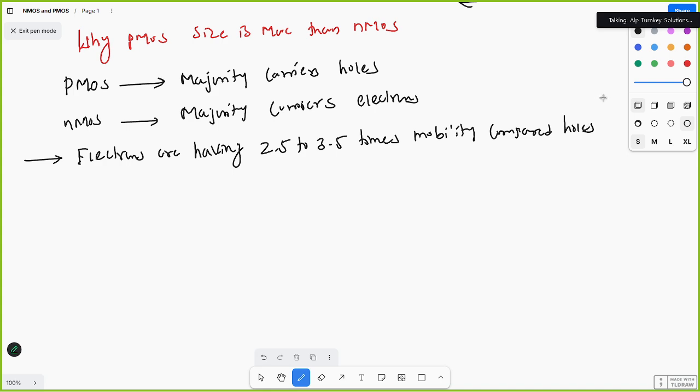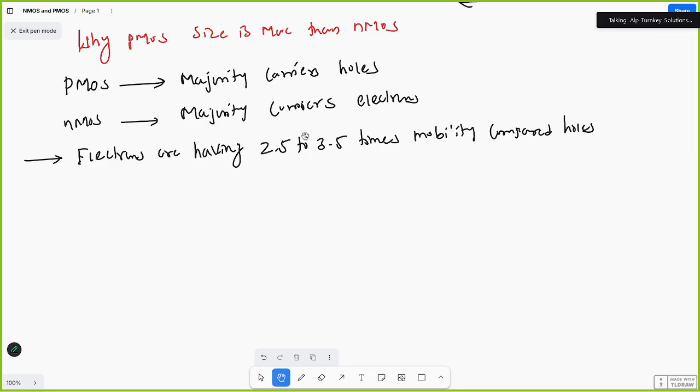One minute. Okay, so here consider the symmetric CMOS inverter.